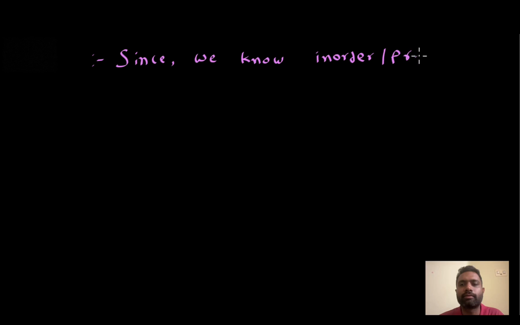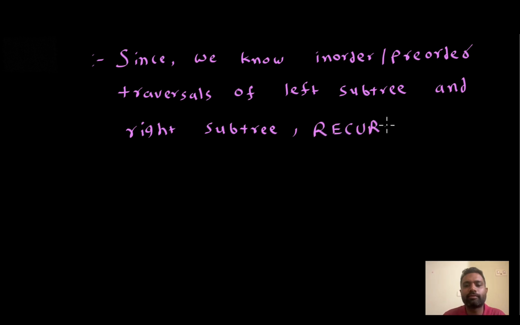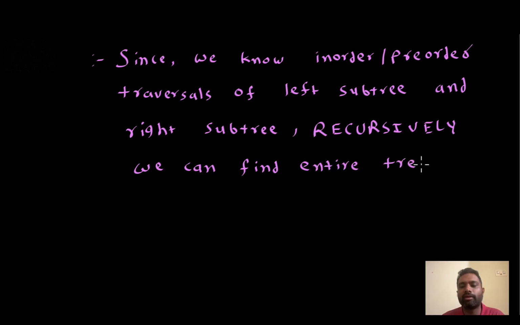So more specifically, since we know Inorder and preorder traversals of left subtree and right subtree, recursively we can find the entire tree.